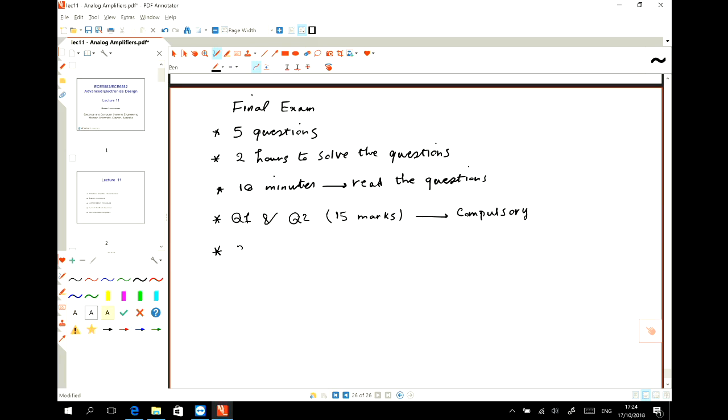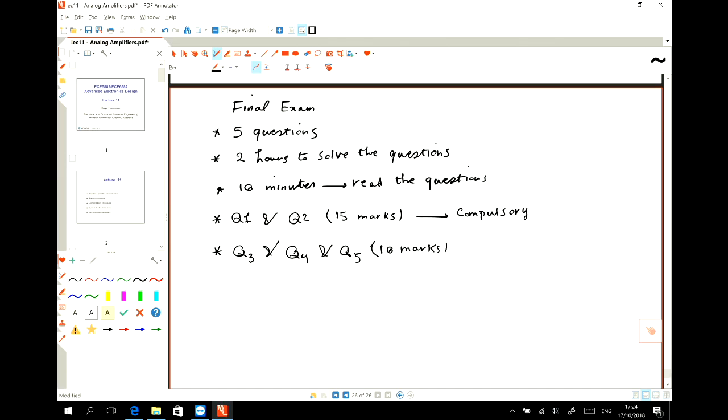Question 3, question 4, and question 5, each of them has 10 marks, and you have to solve only 2 of them. Okay? Out of these 3, you have to solve 2. And if you solve 3 of them, then the best 2 will be marked.